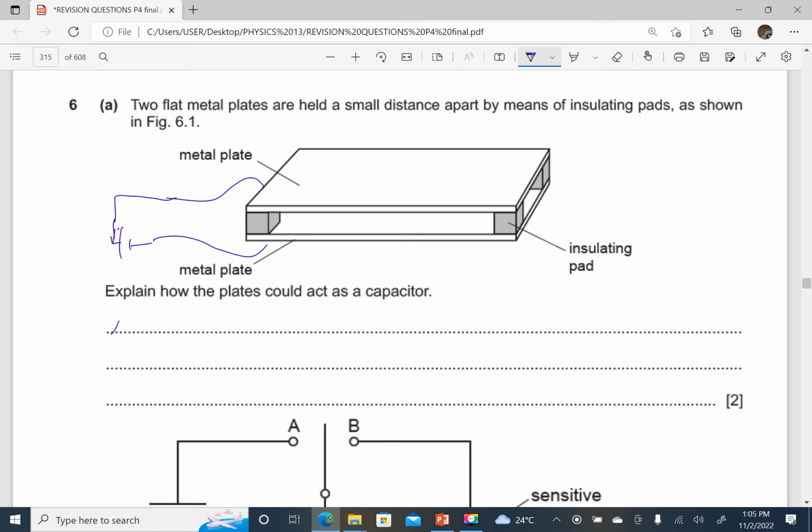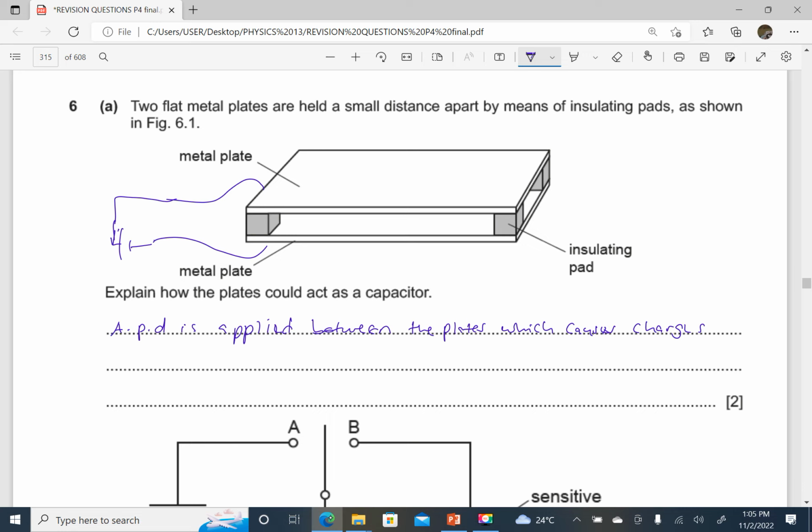A PD is applied between the plates, which causes a charge separation between the plates.